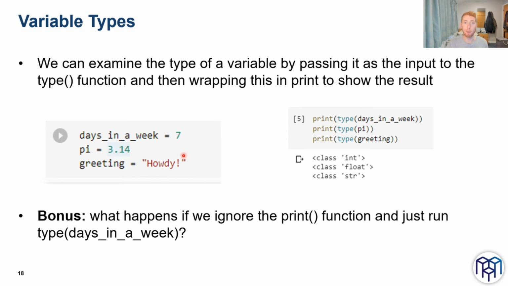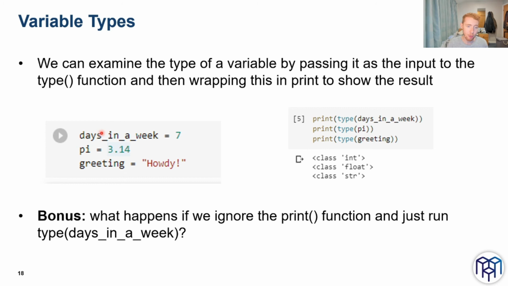In some programming languages, more lower level and more difficult languages, you have to manually say, hey, I'm creating a variable and it is an integer, or it is a float, it is a string. But Python will try and guess for you. And this is generally very convenient when it gets it right. And so it's important to be able to check what type Python thinks it is, so that you can correct it if it's wrong.